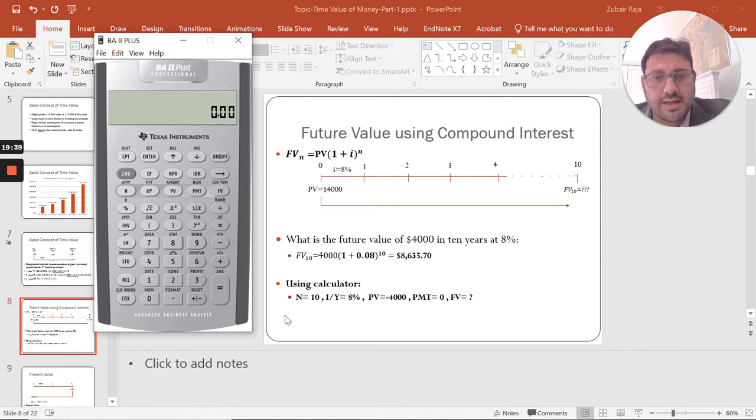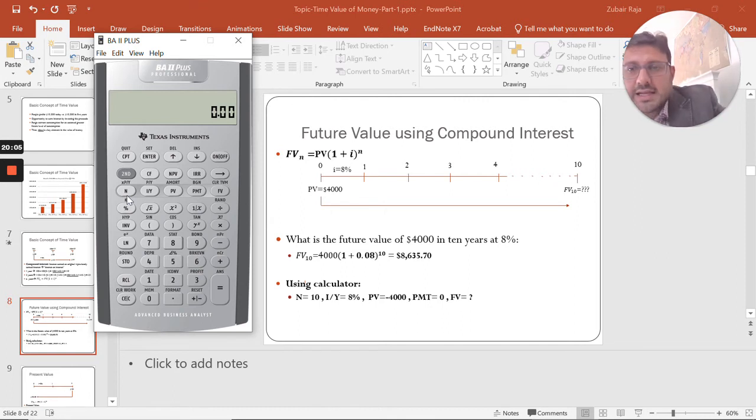Your interest is 8%. Your present value is minus 4,000 for the purpose of the calculator. Now, what is the concept of minus 4,000? Because you invest the money today, you are foregoing today's consumption. It is going out of your pocket, and you will be investing it in the bank, and you will not be able to use it for the next 10 years.